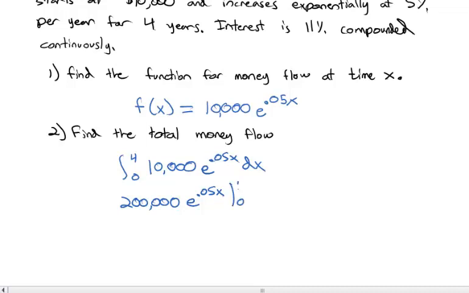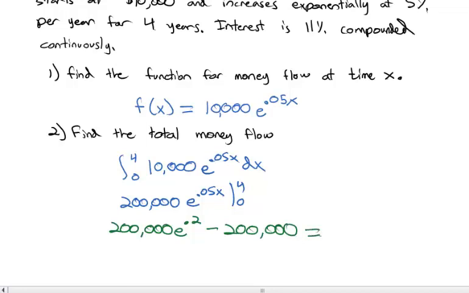We're going to integrate that from 0 to 4. So we've got 200,000 e to the 0.05 times 4 is 0.20. Minus 200,000 e to the 0 is 1.